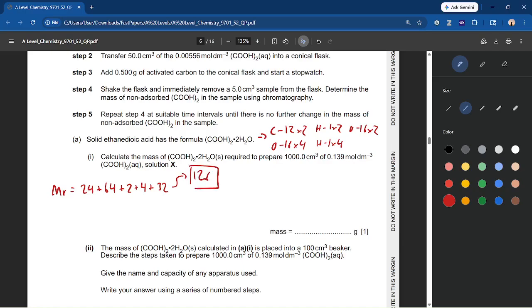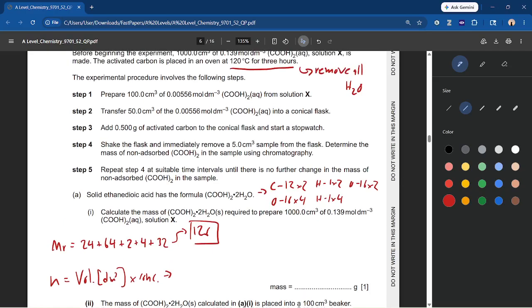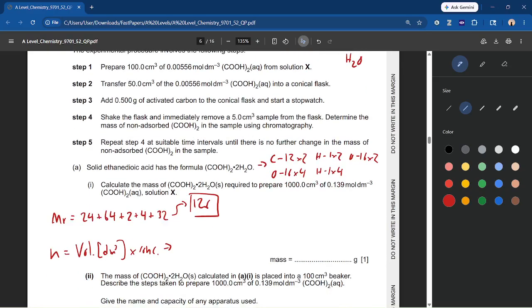So now let's find out the number of moles. So n is equal to volume in dm³ times concentration. We know the volume is 1000 cm³, which is 1 dm³. So this would be 1 times the concentration, which is 0.139 mole per dm³.